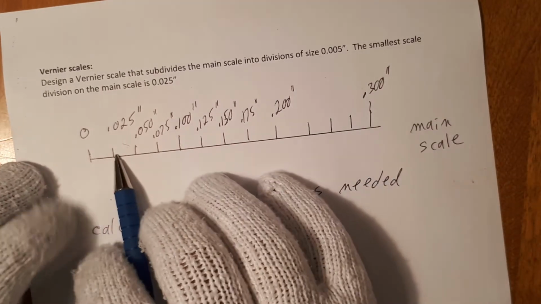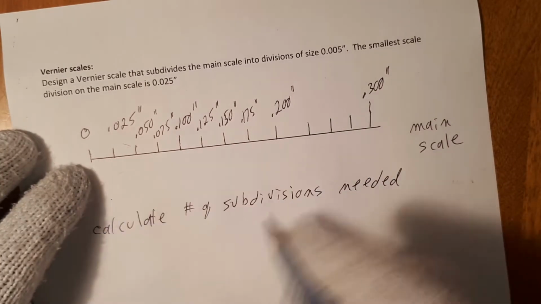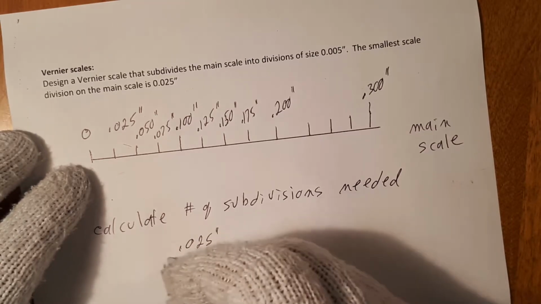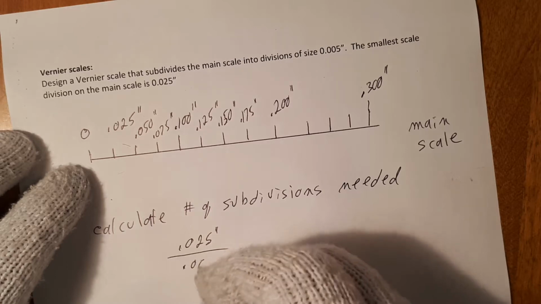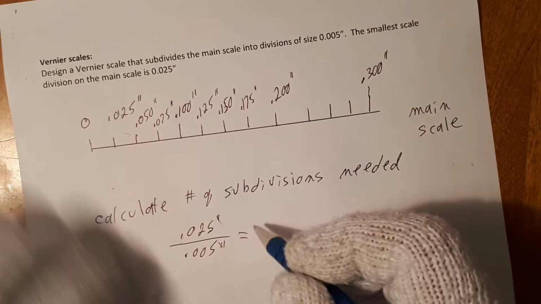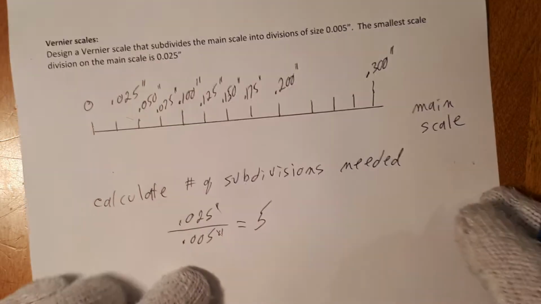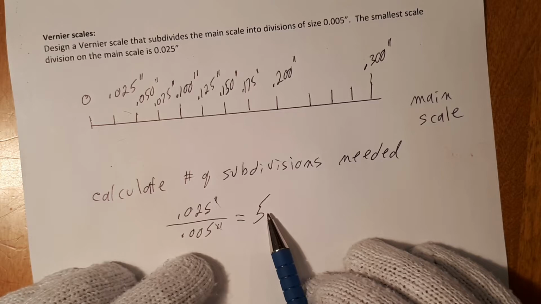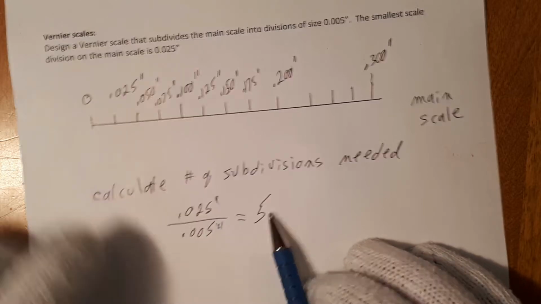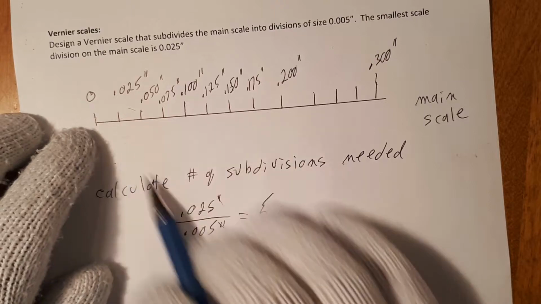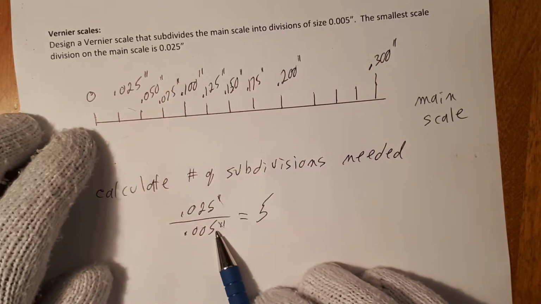And we'll do that by taking the original length, 25 thou, divided by each increment we want to be 5/1000 of an inch. The inches cancel out, and that gives us a total number of 5 without any units. And that means we have to divide that segment into 5 even units, and each one will have a value of 5,000ths of 1 inch.